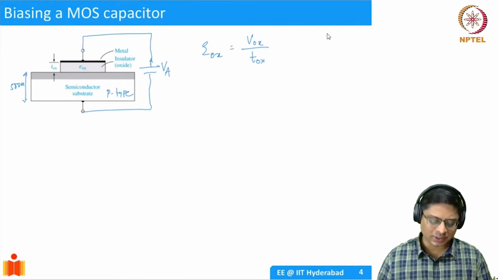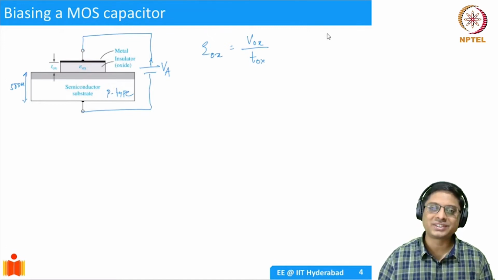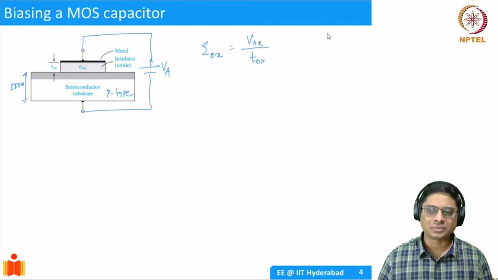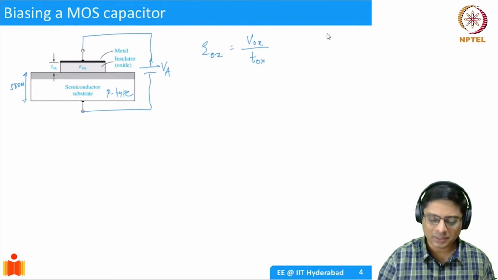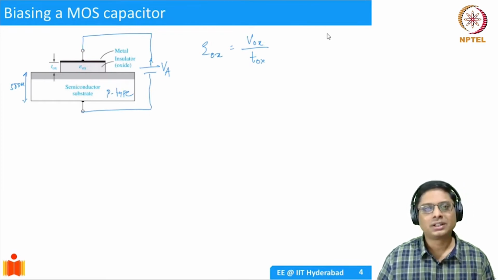But it really depends whether there is a voltage drop across the semiconductor. Right now, let's assume that it is small. It turns out that it's not true, but we will get back to it. Essentially, the voltage drop across the oxide divided by the thickness of oxide should give you the electric field across the oxide.